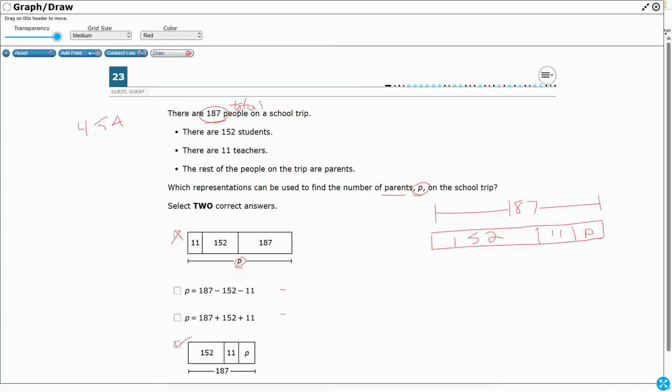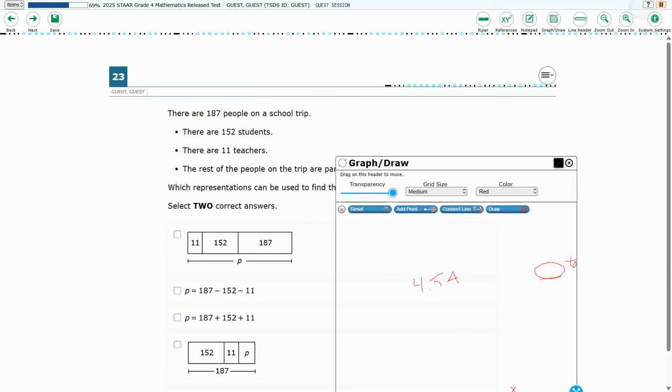So this would be 187 equals 152 plus 11 plus P. That's what I did right here. What if I wanted to solve for P? How could I do that? Well, I would take my P, and what that is, that's all the people minus the 152 students minus the 11 teachers. Whatever's left over after I subtract those two groups, the students and the teachers, that's going to give me my P. And so that is going to give me option 2 and option 4.